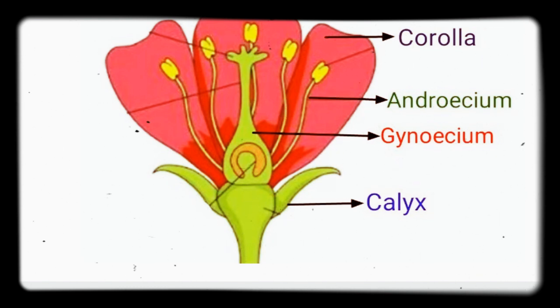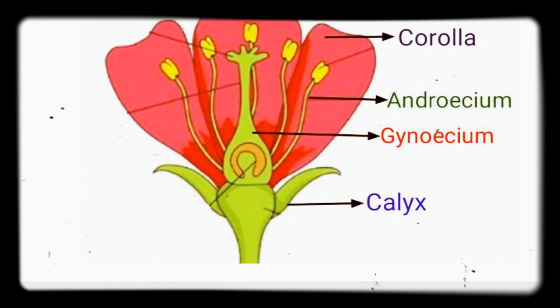Then the androecium is the male part of the flower, and it consists of small single units called stamens. Five stamens you are observing here, 1 2 3 4 and 5, and these 5 stamens together are called the androecium. The gynoecium is the female part of the flower, and it is always located in the middle.